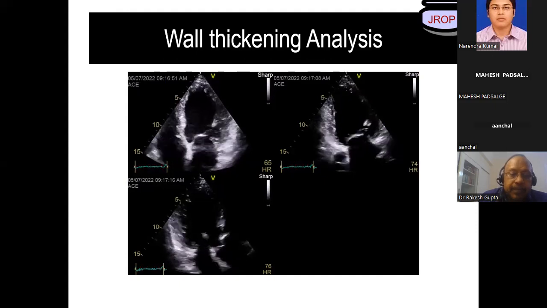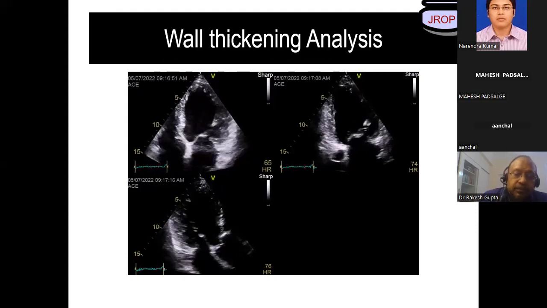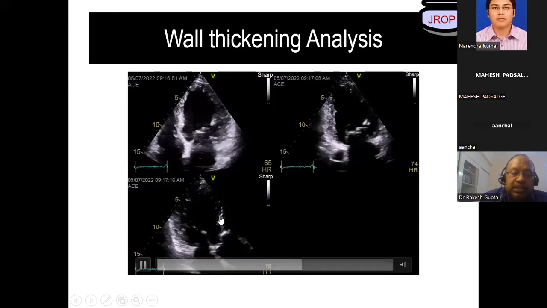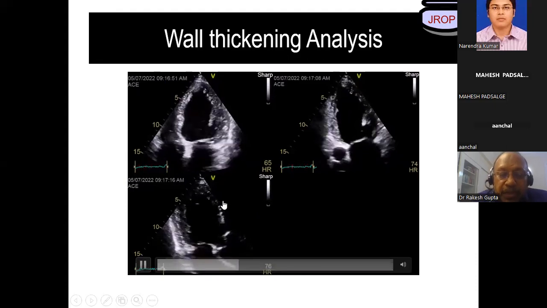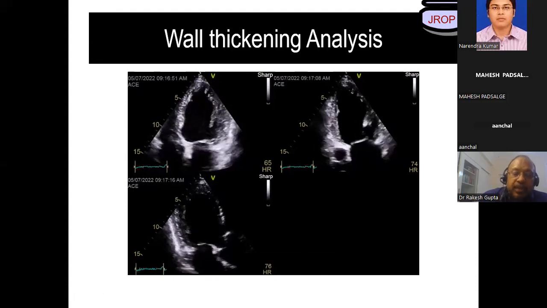Sir, it is 3-chamber view, sir. Are you sure this is 3-chamber view? Yes, sir. Okay. So in this 3-chamber view, what is this wall? This is lateral wall, sir. Shashank, we are coming. Sorry, inferior wall, sir.